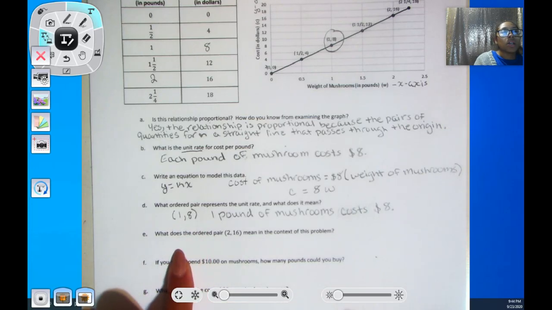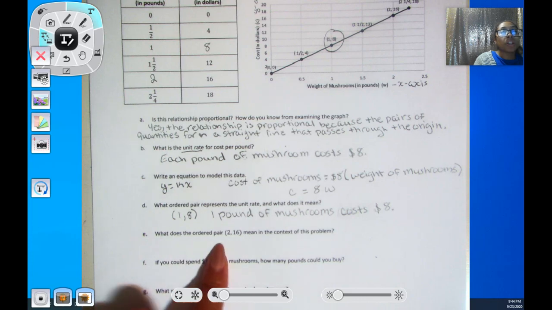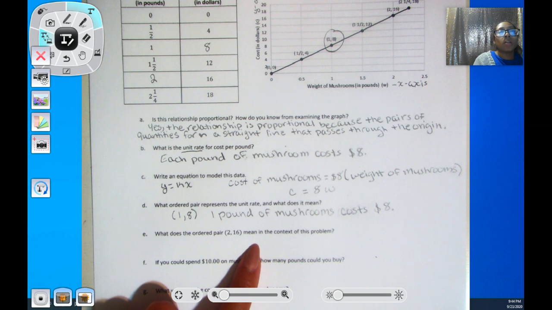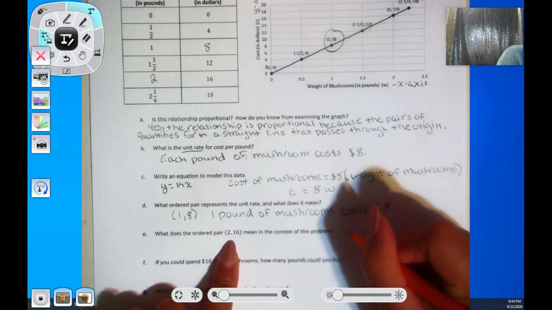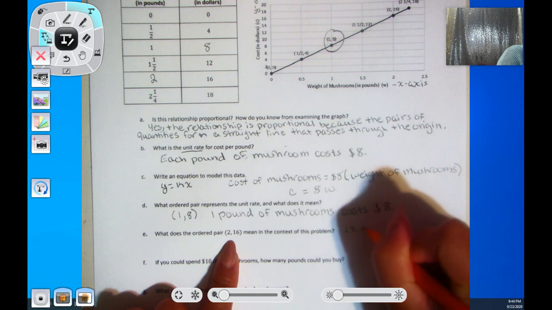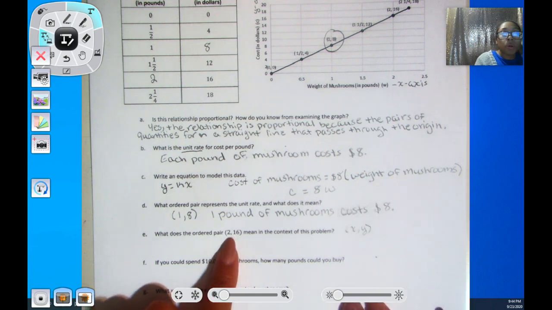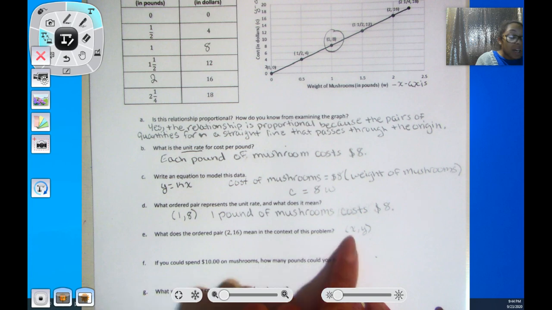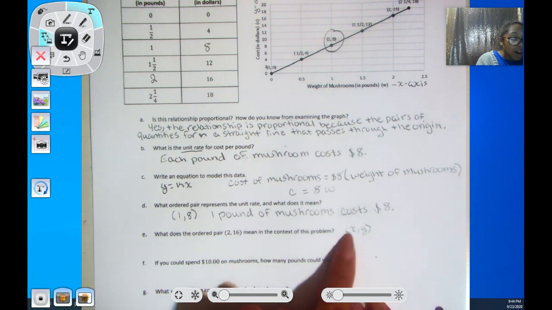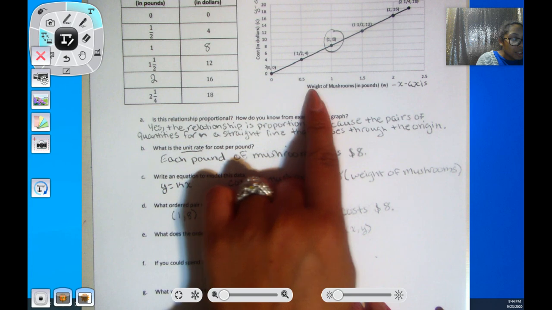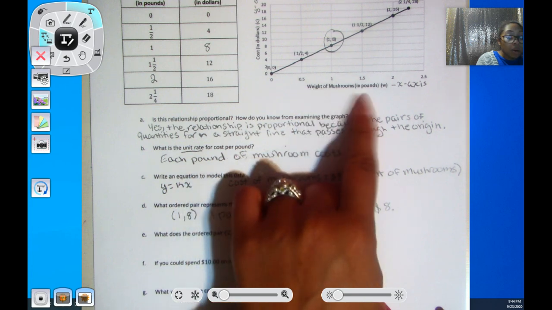Now let's look at E. What does the ordered pair 2, 16 mean in the context of the problem? Well, remember that our ordered pairs are written as X, Y. Remember that X is our independent variable and Y is our dependent variable. So if we're talking about 2 as our X, then that represents the weight of the mushrooms in pounds.